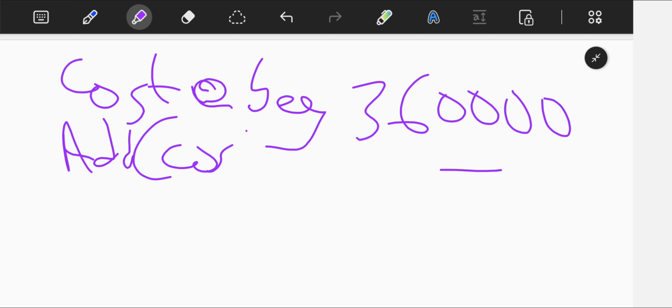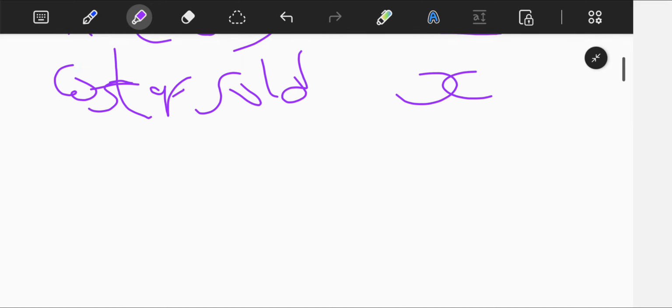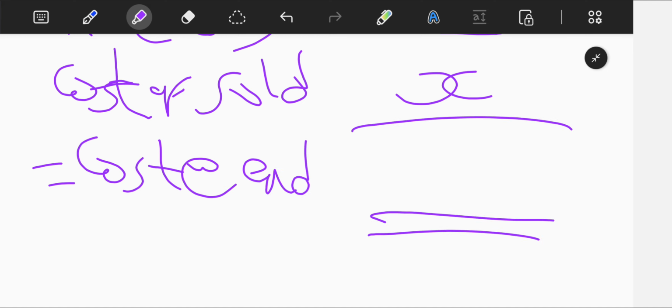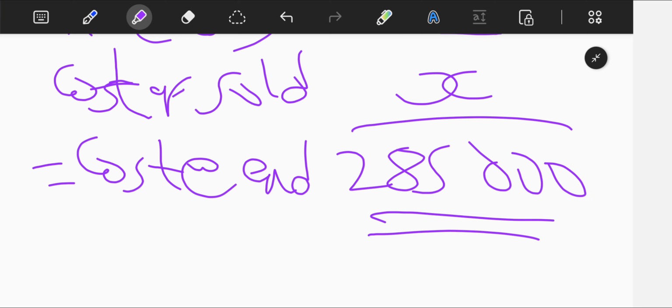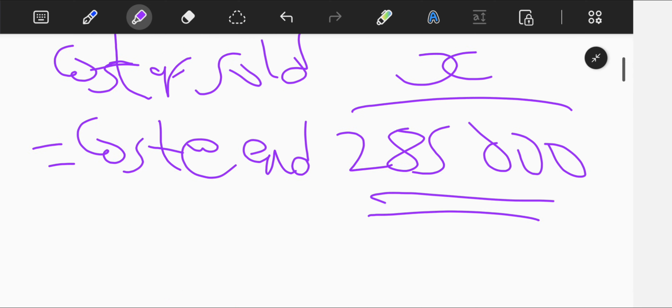Addition at cost, and then cost of the sold is the one we are looking for. It's equal to cost at the end. How much is cost at the end? It's 285,000. And then you solve for x.